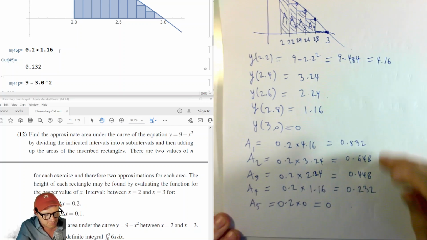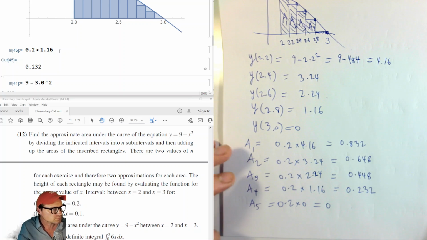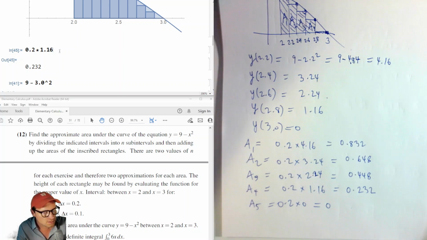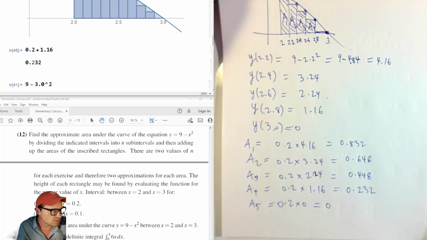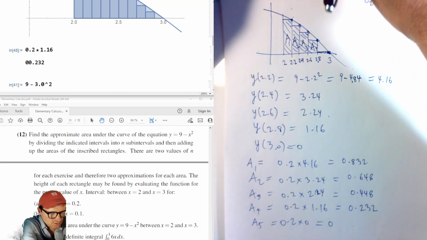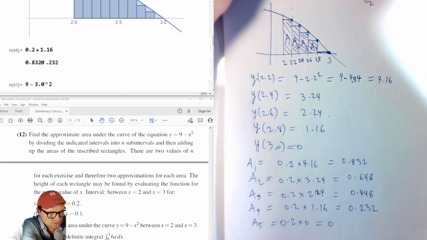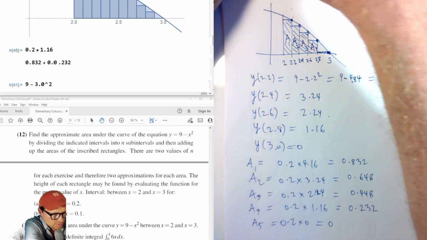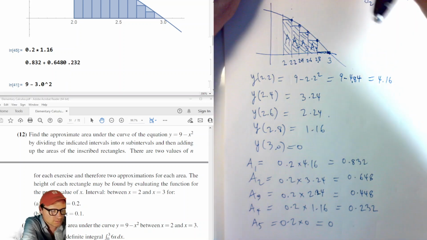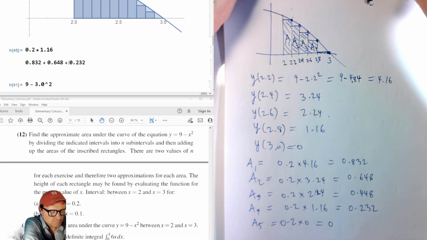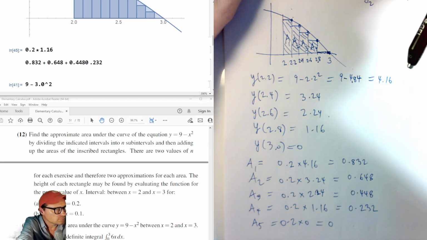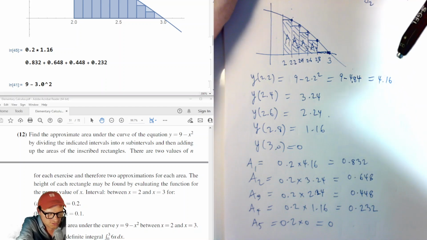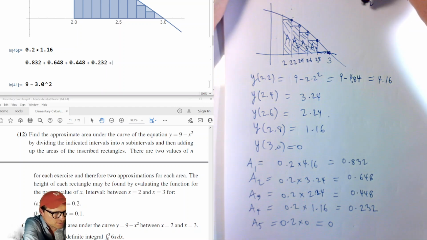And now the sum of these 5 numbers, let's add them up. So we have 0.832 plus 0.648 plus 0.448 plus 0.232 and then plus 0.